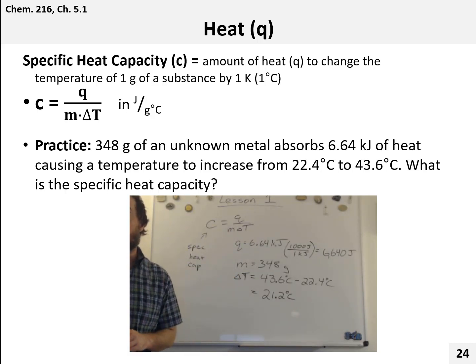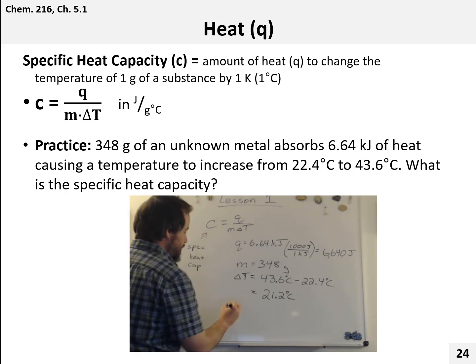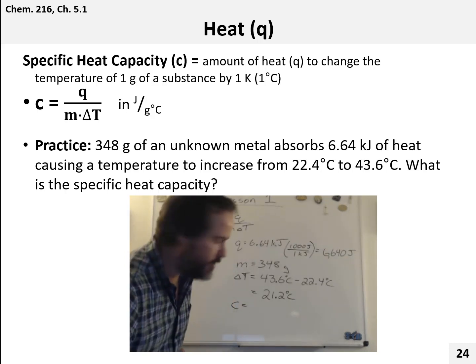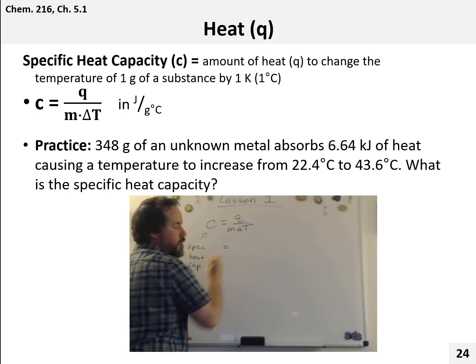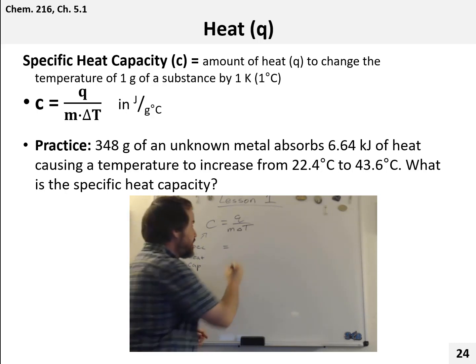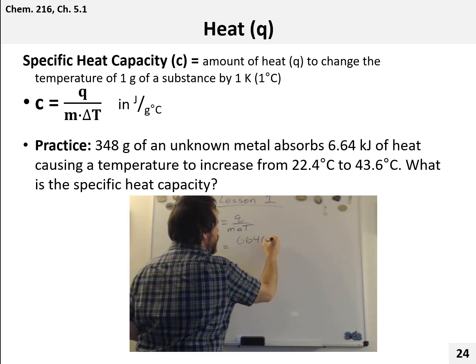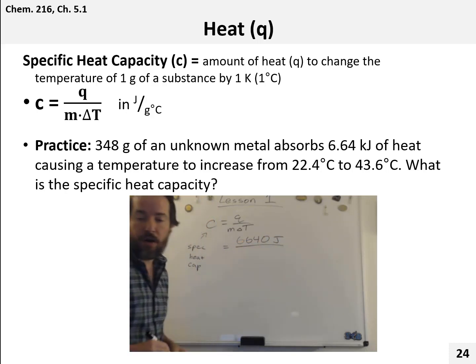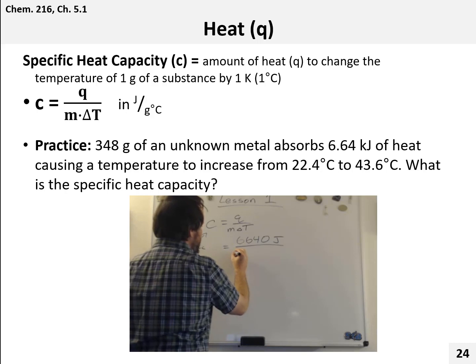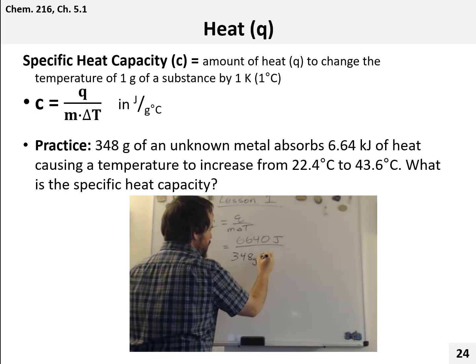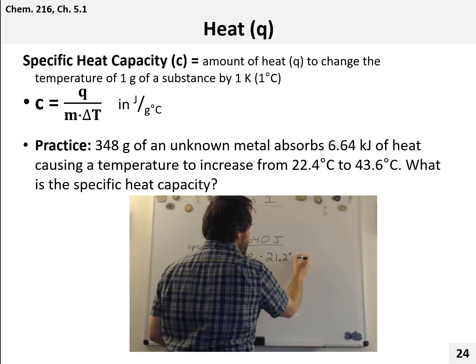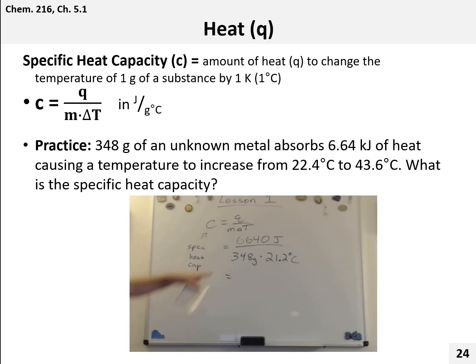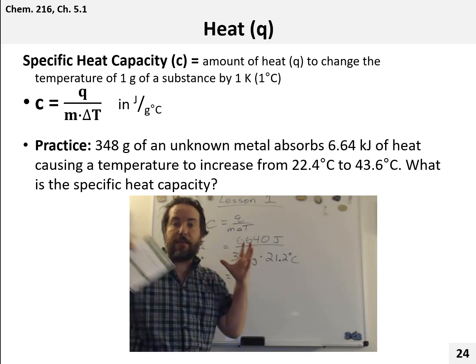Right? Now I can just plug those in. So my c is going to be 6,640 joules over my mass, which is 348 grams, and then 21.2 degrees C. And so notice how this grams is important, because this grams takes into account the mass of it.